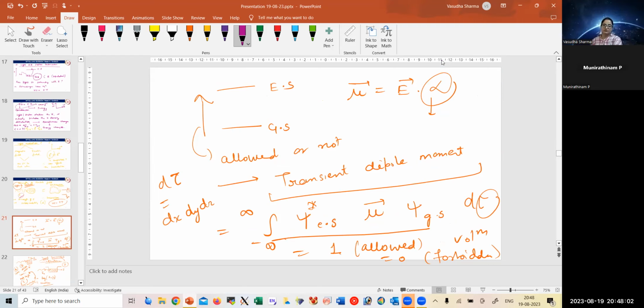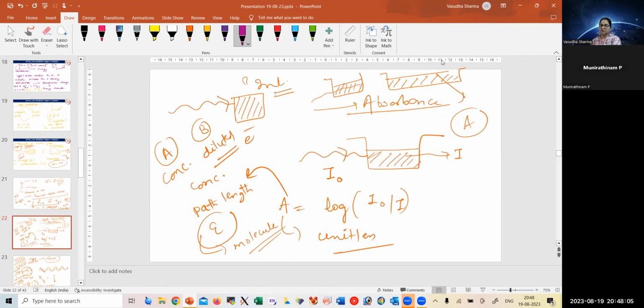Then we looked into the interactions. I have already told you about absorbance: if the concentration is more, the absorbance of the light would be more. If the path length is more, the absorbance will be more. And if the transitions have a higher epsilon value, that molecular property, the absorption coefficient, then also the absorbance will be more.